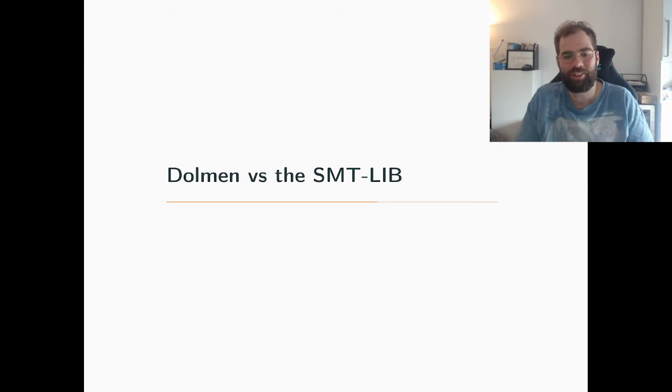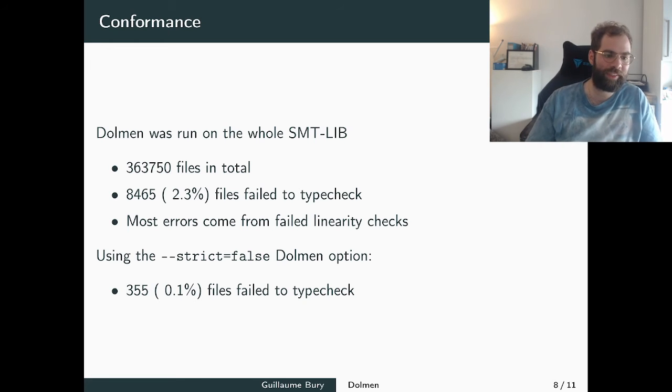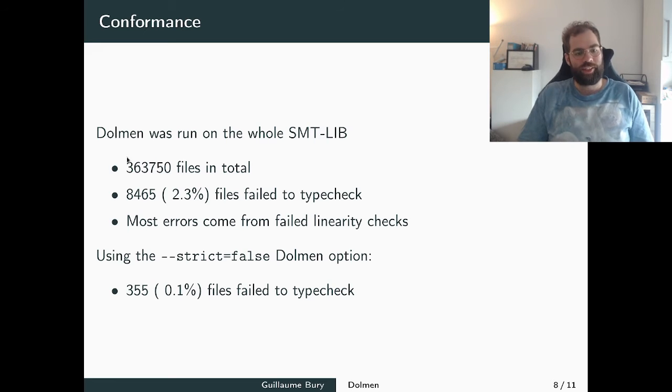So what's more interesting to talk about though is what happens when you run Dolmen on the SMTLIB benchmarks that are provided on the SMTLIB website. So basically there are 363,750 files in total.